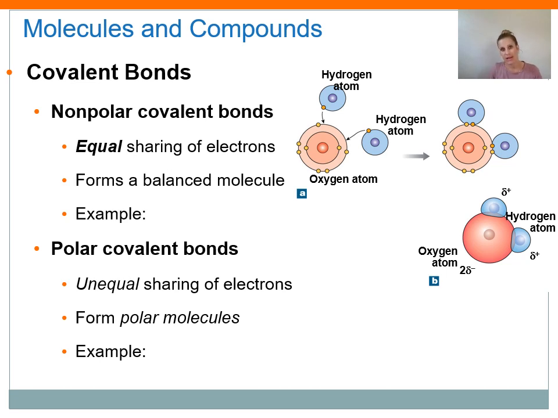That means that the negative charge spends way more time over in this area than it does in this area. So you end up with a molecule that's what we call polar. It's not balanced. It has a negative pole and a positive pole.